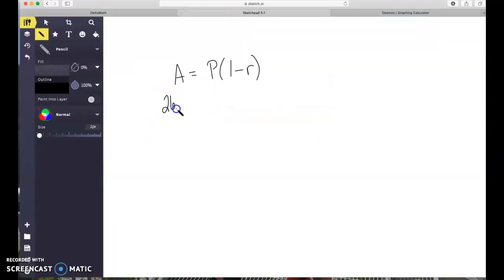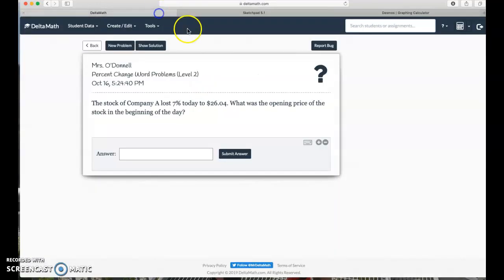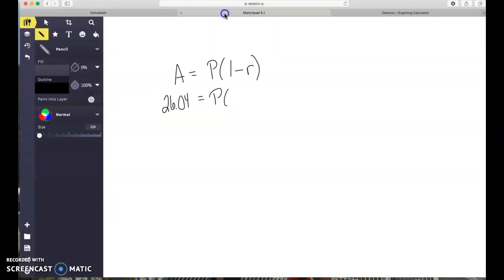So $26.04 is my amount, and my rate was 7%. So I'm going to do 1 minus 0.07, because 7% as a decimal is 0.07.